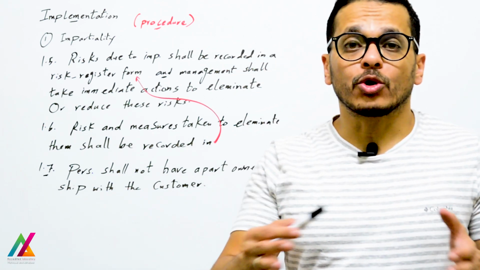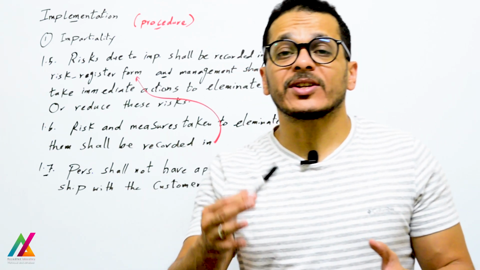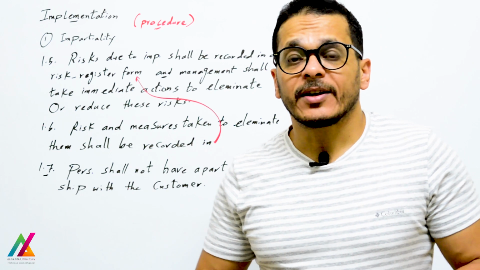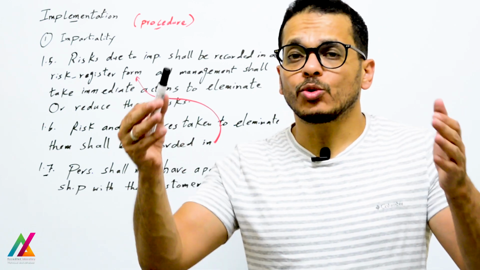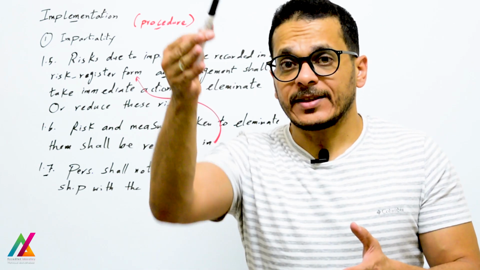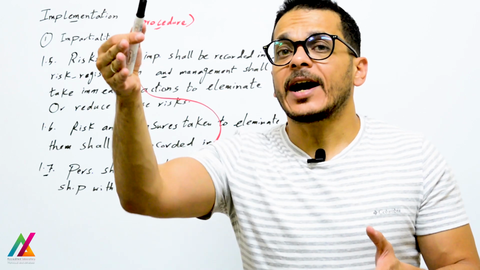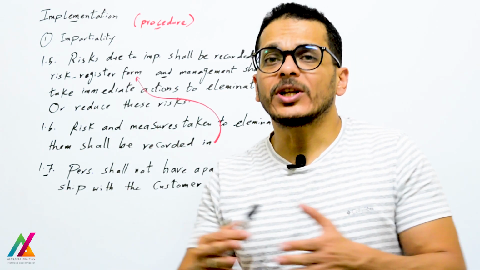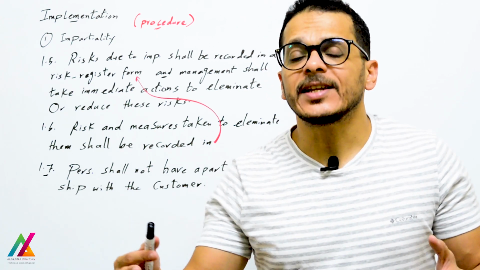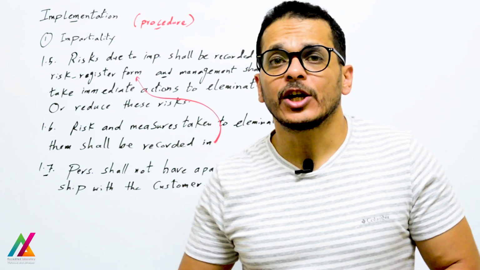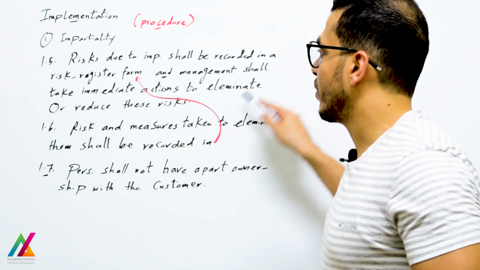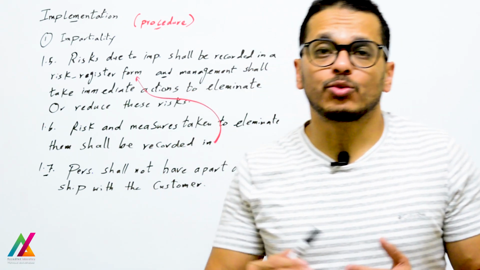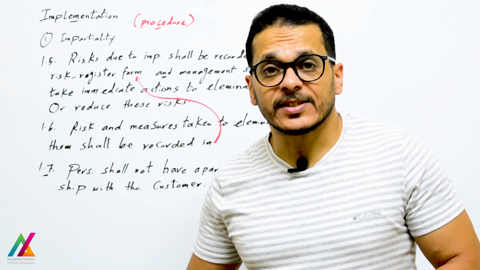You shall record all risks after you make risk analysis inside the lab related to impartiality, and you will record these risks and the grade of these risks and how to eliminate or reduce this risk inside the lab. And during the year, if you find any risk due to impartiality, management shall take immediate action to eliminate or reduce this risk.